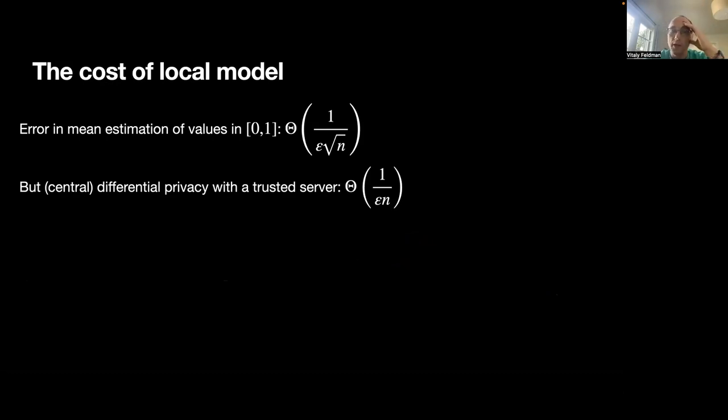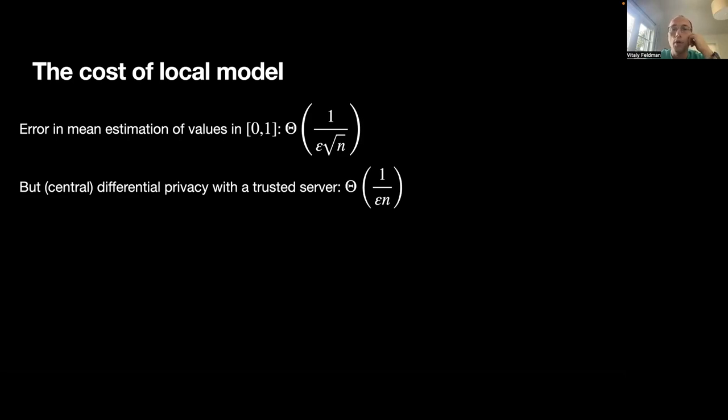Then the best value we can achieve while ensuring this epsilon local differential privacy is on the order of 1 over epsilon times square root of n, which is not great. 1 over square root of n is already not great. And in addition, we even multiply it by epsilon.